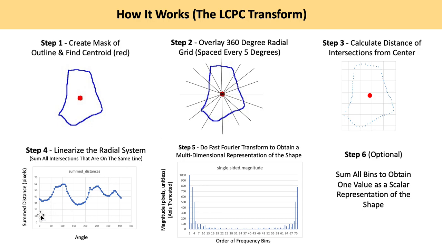Thus, in the plot in step 4, the angle position is on the x-axis, and on the y-axis there's only one value per angle position. Even if that position had multiple intersections, we sum them all into one value. Thus, the word compressed in the name linearized compressed polar coordinates transform.